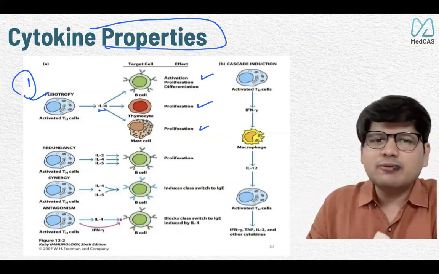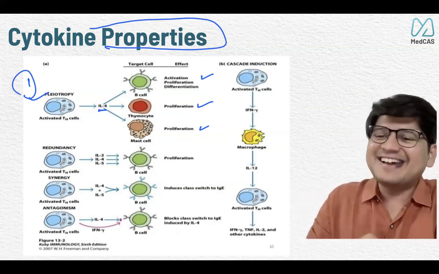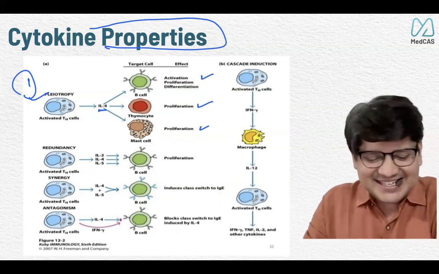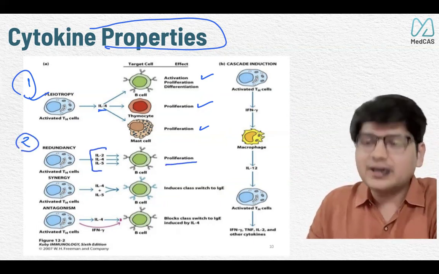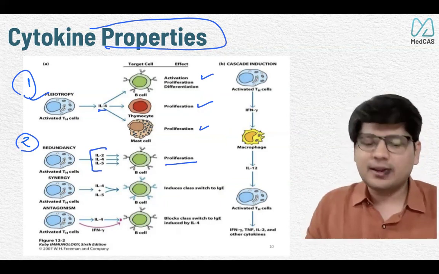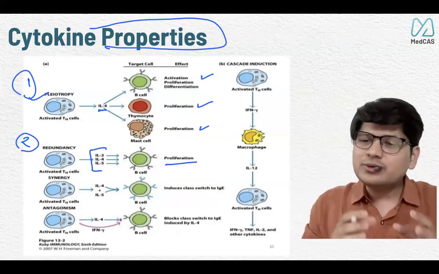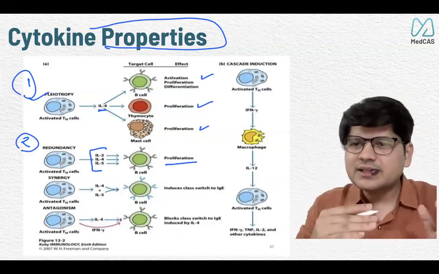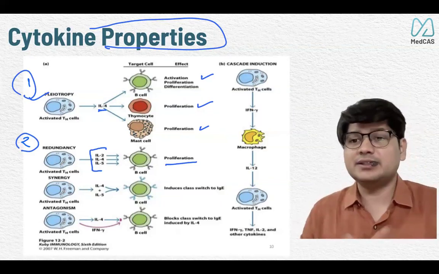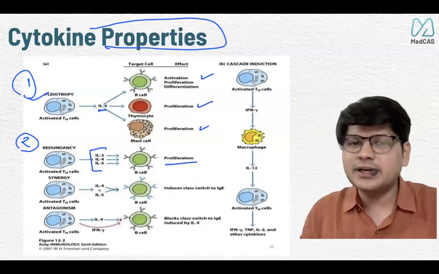The second quality that the cytokine has is redundancy. Many different cytokines have the same function. B cell proliferation can take place through this. That is actually a quite organized system where if one thing is affected, another takes care, right? That is redundancy.